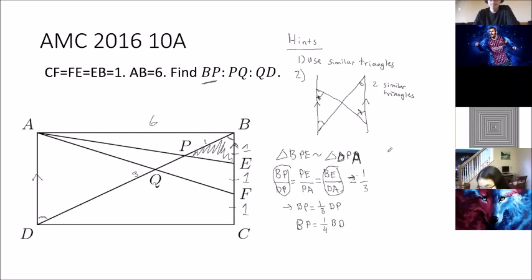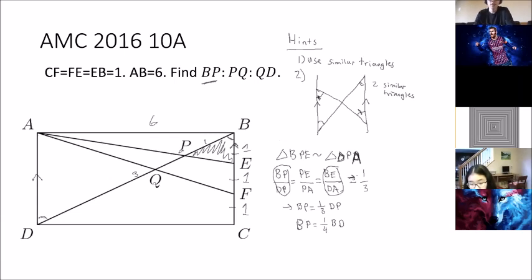Okay, and now we want to do the same thing for QP and QD. Here's another strategy. QP is not actually part of a nice triangle. It's part of AQP, I guess, but AQP isn't really similar to anything. So we're not able to directly find QP like that.